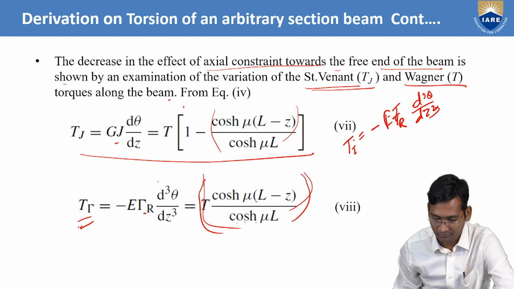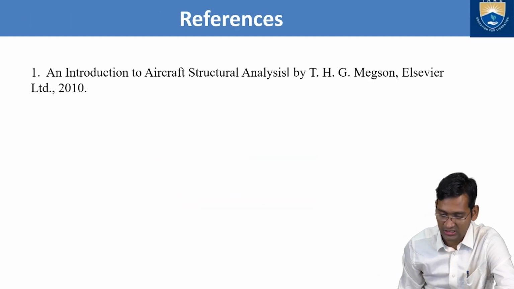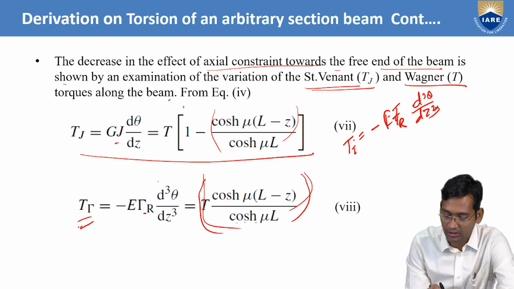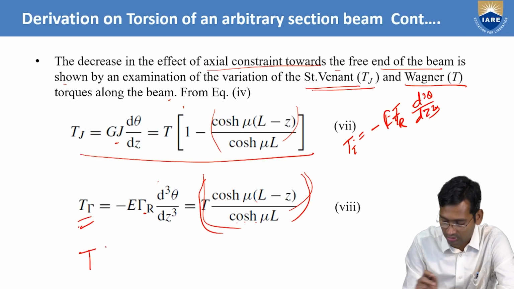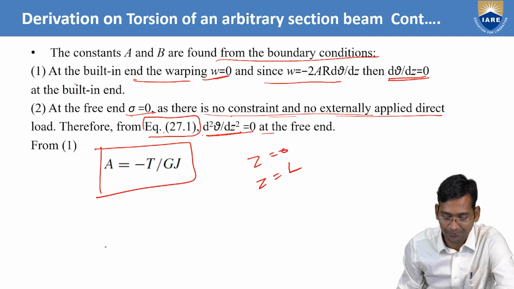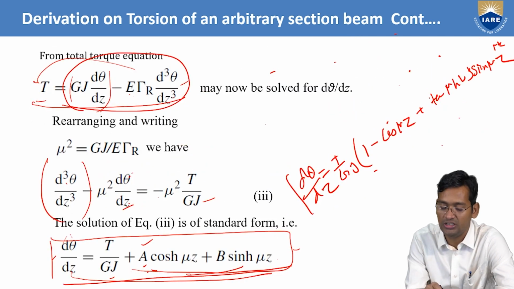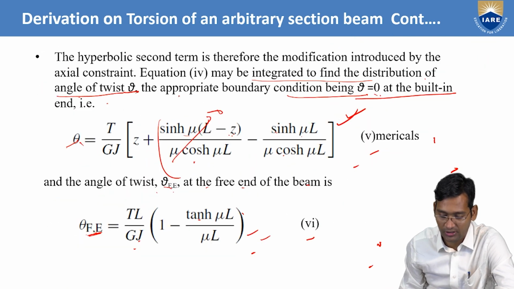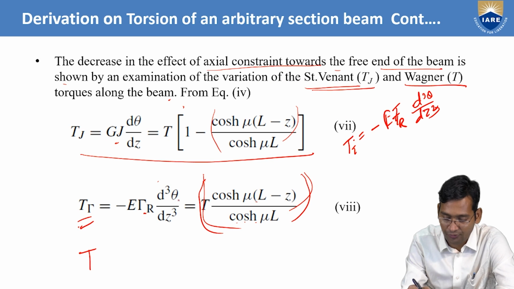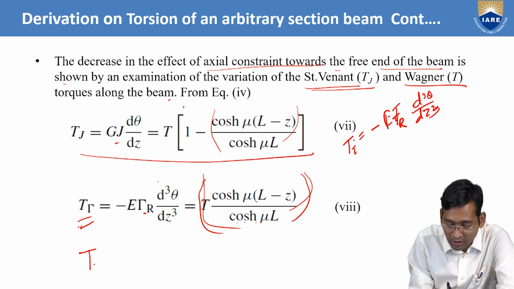Now from here, what we can say about the total torque, that equation is written. Substitute here: GJ into dθ by dz minus E tau r d³θ by dz³. The final one will be the sum of these two. So total torque will be equal to what?